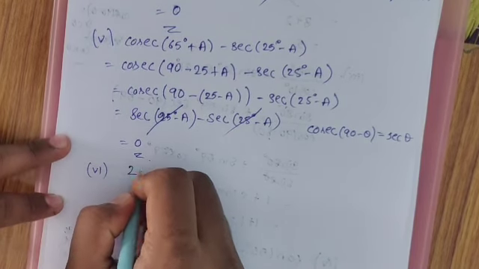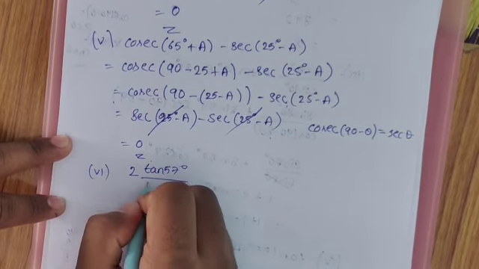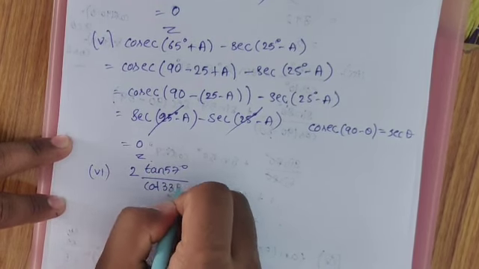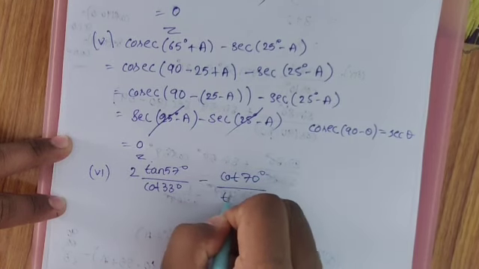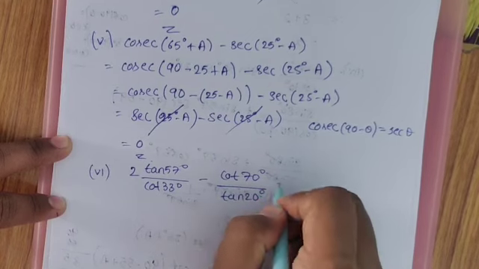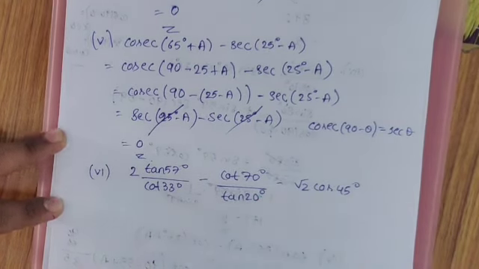Now question number 6. What is in question number 6? 2 into tan of 57 degree dividing by cot of 33 degree, minus cot of 70 degree dividing by tan of 20 degree, minus root 2 into cos 45 degree.